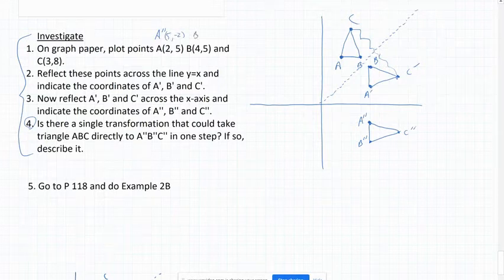B double prime ended up at 5, -4, and C double prime ended up at 8, -3. So you might recognize that transformation. It looks like the x's and the y's switched places, and what was the x became negative when we put it in the y position. We've seen that before. That's actually a rotation 90 degrees.